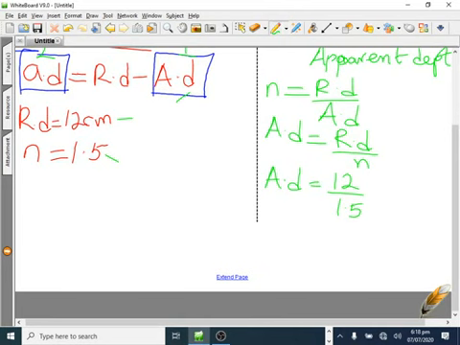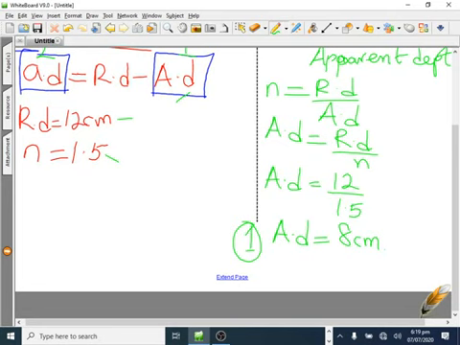You can do it over there. You've done it, right? Good. Your apparent depth will now be equal to 8 centimeters. So that means you've done the first one. Number one has been done.